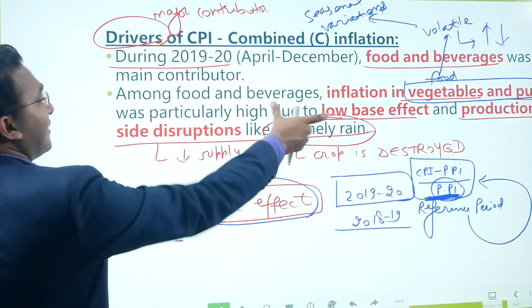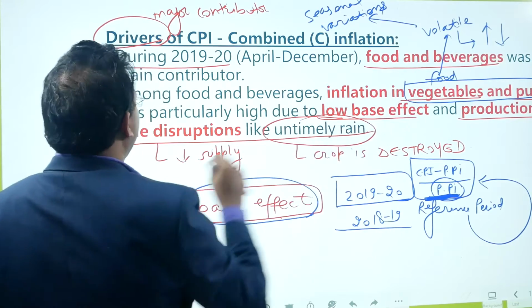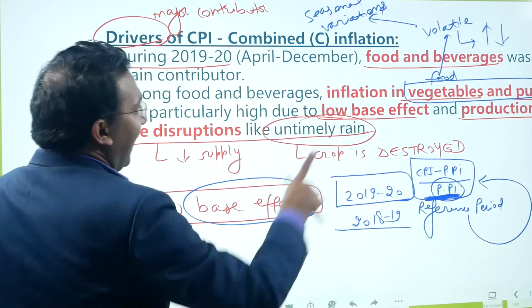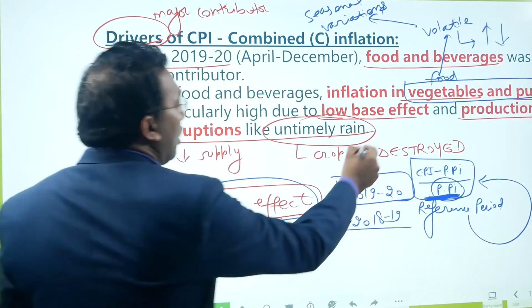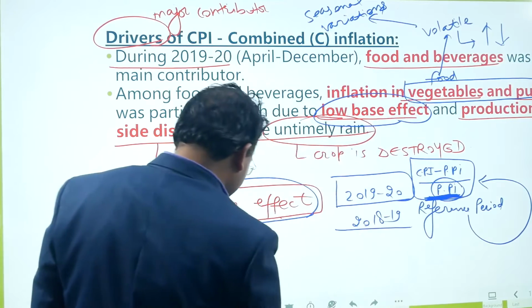Coming back to the discussion, among food and beverages, inflation in vegetables and pulses was particularly high due to low base effect and production side disruptions like untimely rain. So there was a low base effect, that means this base was comparatively low.